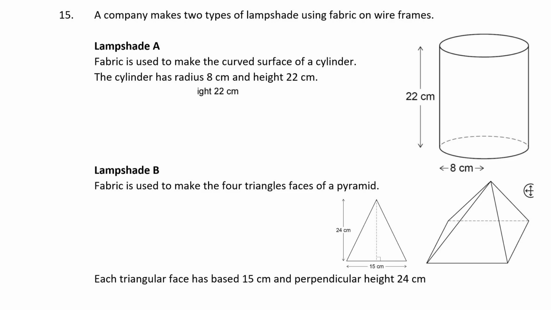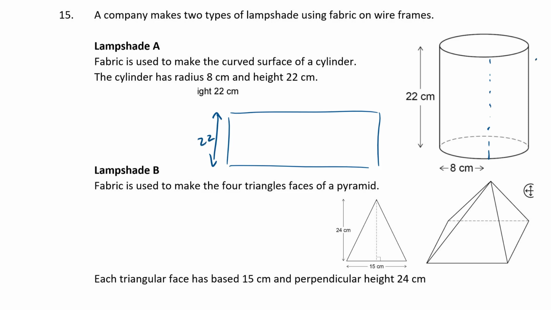Basically, if you snipped along here and laid this flat, you would get a rectangle, wouldn't you? Now that rectangle is going to have a height of 22, because that's the height of the cylinder, and the distance along here is the same as the circumference of your circle.